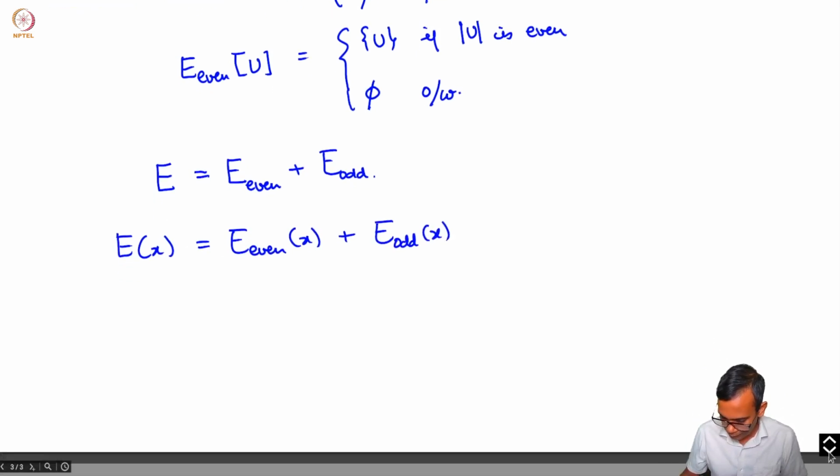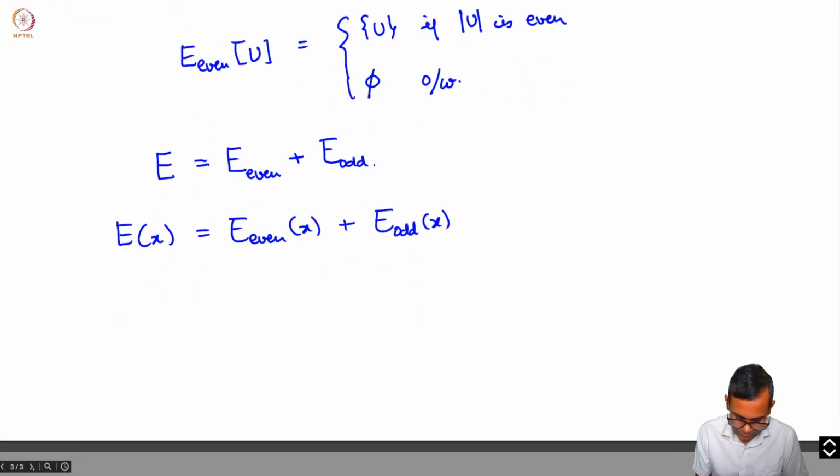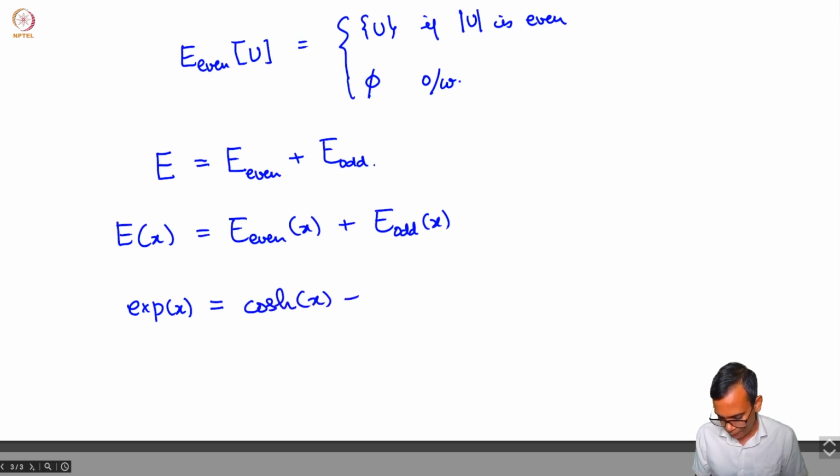And if you just think about what these are, the identity of formal power series that you get is that e to the x, the generating series of E, we saw that in one of the earlier lectures, is hyperbolic cosine x plus hyperbolic sine x.